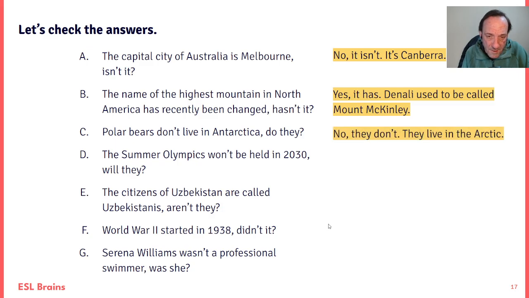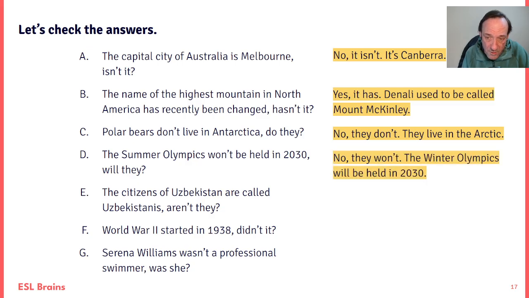The Summer Olympics won't be held in 2030, will they? No, they won't. The Winter Olympics will. Okay. Now, the citizens of Uzbekistan are called Uzbekistanis, aren't they? I know this one. No, they aren't. They're Uzbeks. Okay, good.